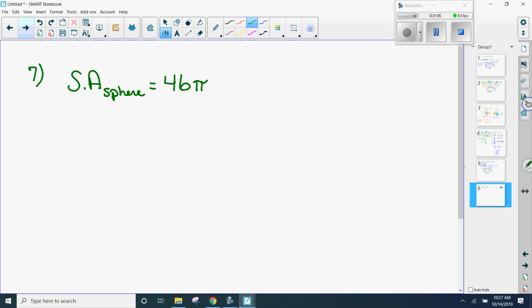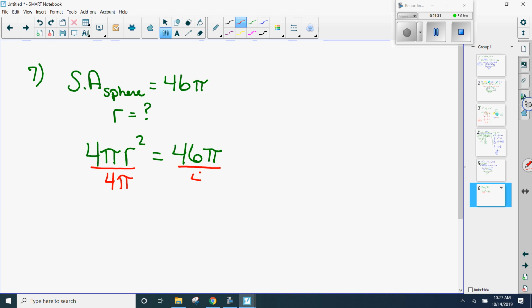What is the radius of the sphere? What's the formula for the surface area of a sphere? 4 pi r squared. How do I solve an equation like that to solve for r? Divide by 4 pi.